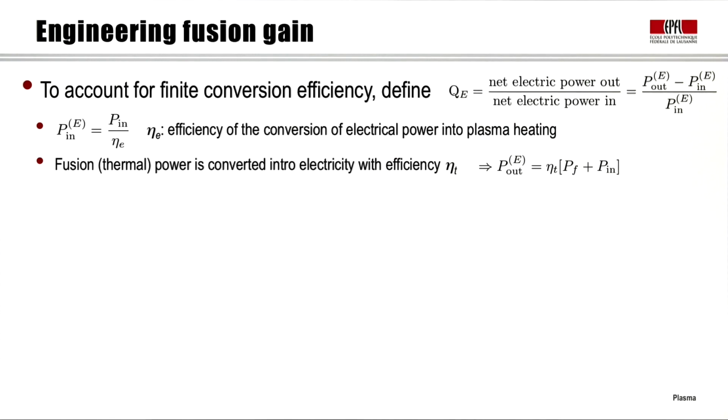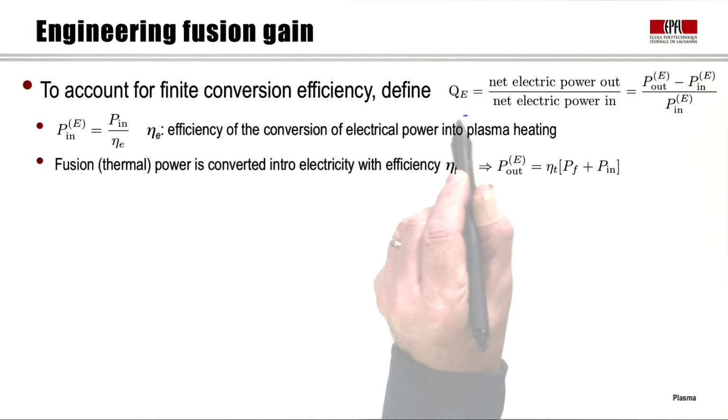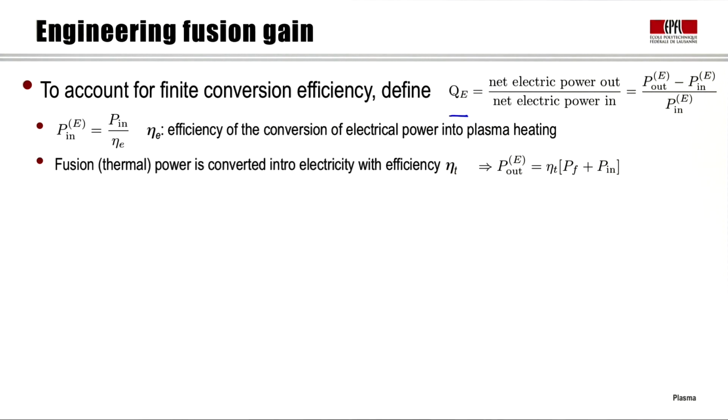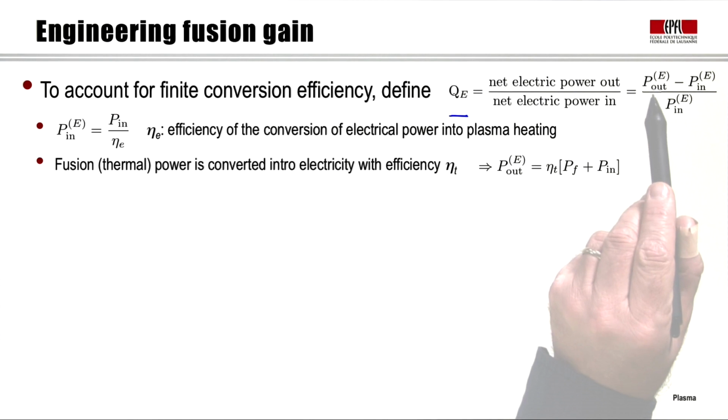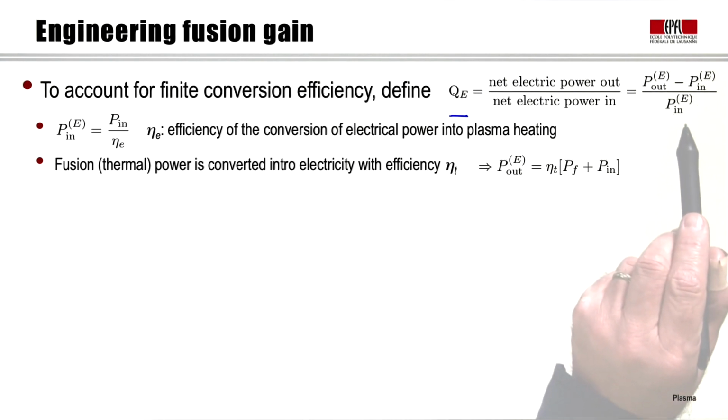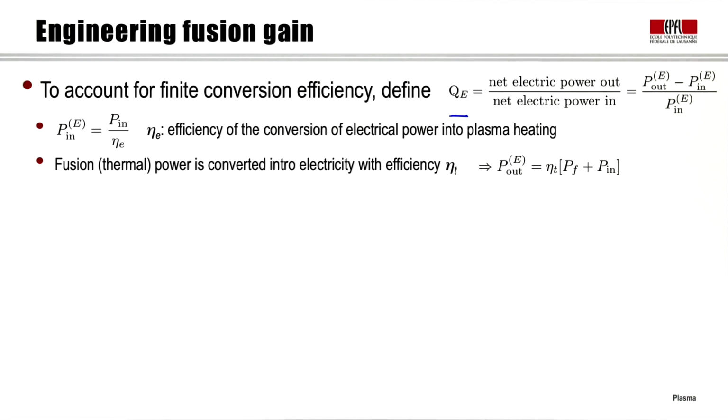Finally, we need to look at the reality of a reactor. We have finite conversion efficiencies. And to account for those, we define a value of gain, which is referred to as the engineering gain, Q sub E. We define it as the ratio between net electric power out to the net electric power in, or P out in engineering terms minus P in engineering terms divided by P in engineering terms.